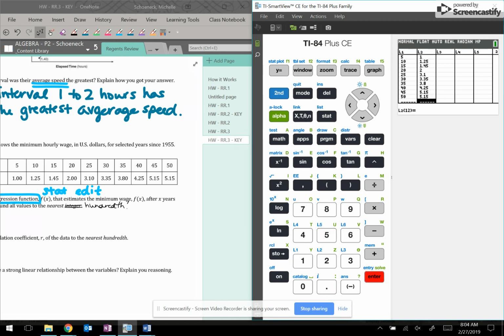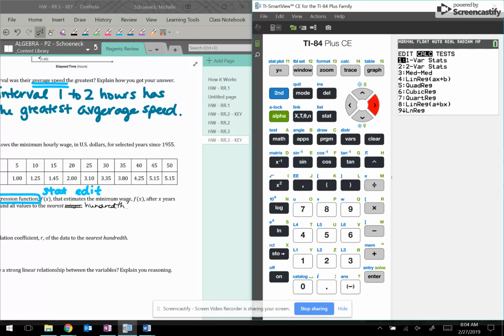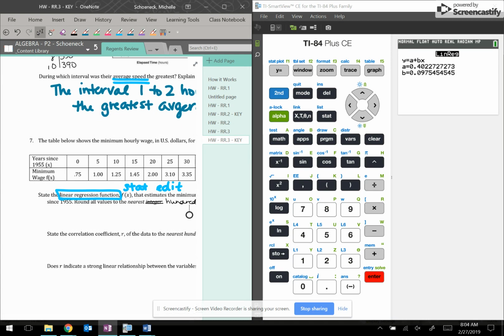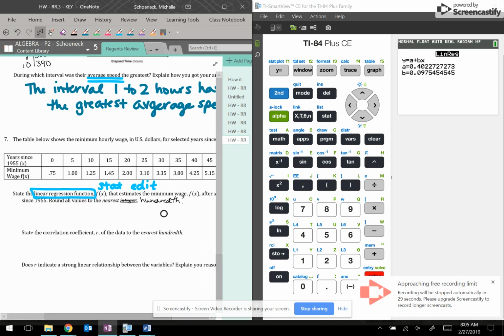All right, and we want a linear regression. So we're going to go stat, calc, and number 8 for linear regression. Then I'm going to calculate it. Oh, and I don't have an r value. Hopefully it doesn't ask me for correlation coefficient, but oh, it does. So let's first answer this question here.